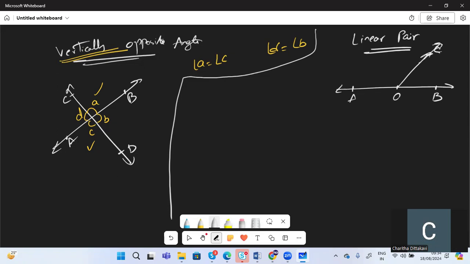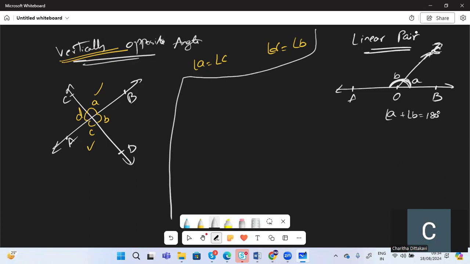Now, this ray is making two angles, angle A and angle B. Angle on a straight line, this semicircle kind of angle, is always 180 degrees. So this straight line is a combination of angle A and angle B, which means angle A plus angle B equal to 180 degrees, because they are on the same straight line.